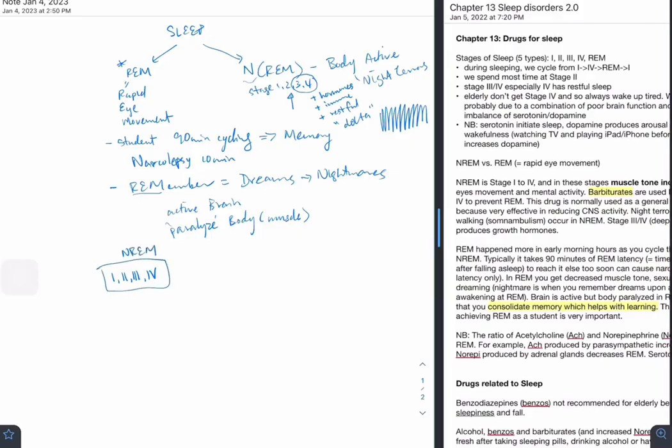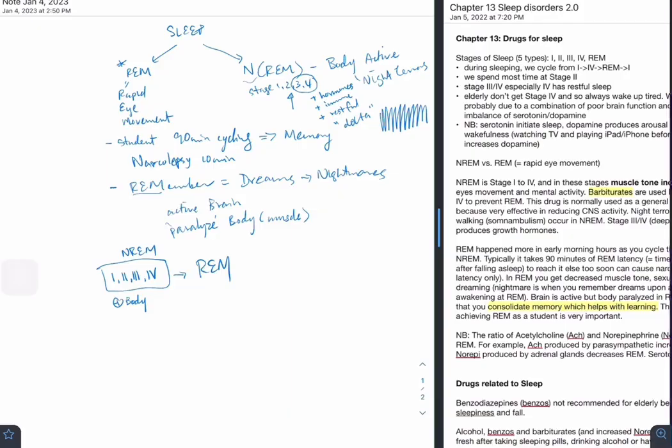So we start with the body being active, because in non-REM sleep, physically we are active, and our brain is actually relaxing, not waking up. Then we end up in REM. So our body becomes inactive and our brain becomes active. When you are in non-REM, you have an active body.